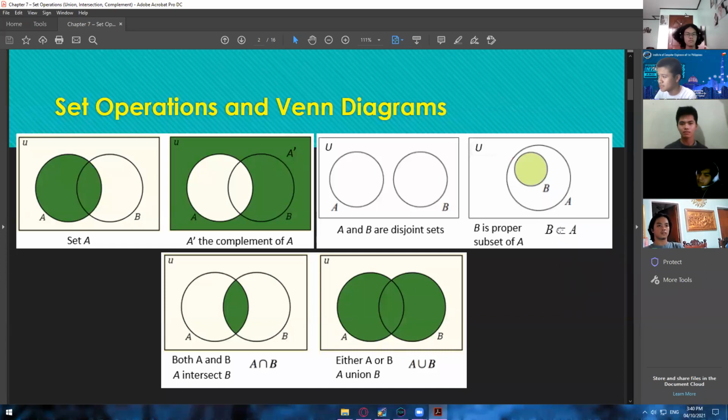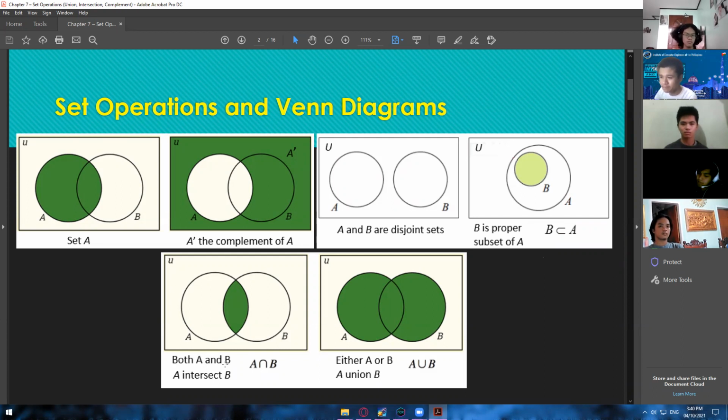It says here that B is inside set A, meaning all the elements in set B can be found in set A also. That's the meaning of B being a proper subset of set A.